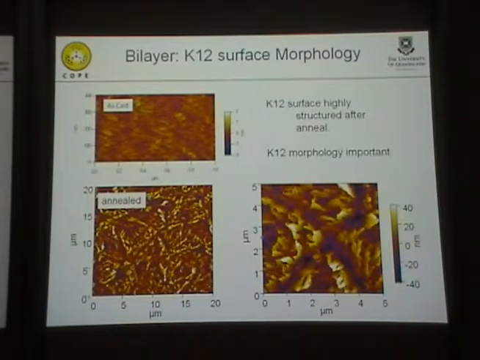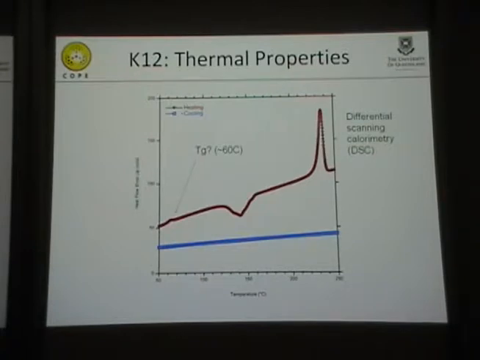But if we tried to pull this annealing trick in a bulk heterojunction cell, it probably wouldn't work as well because there's such large phase separation. So before we move to that, we have to have a closer look at the thermal properties of the material.